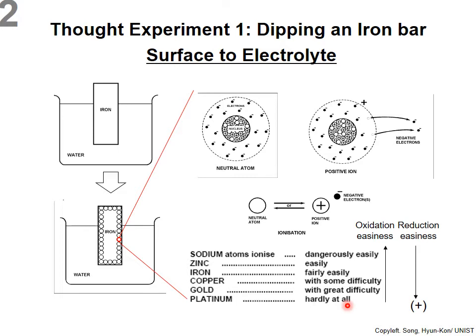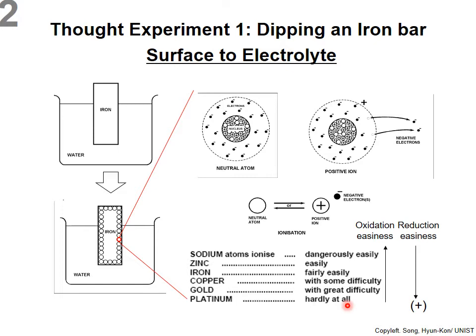However, it's very difficult to ionize or oxidize gold and platinum into their oxide form. So we can easily find their metal form on Earth. So gold and platinum are shiny, and of course we call them shiny jewelry.